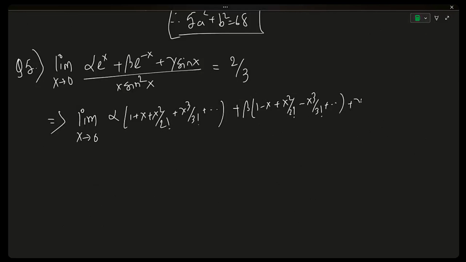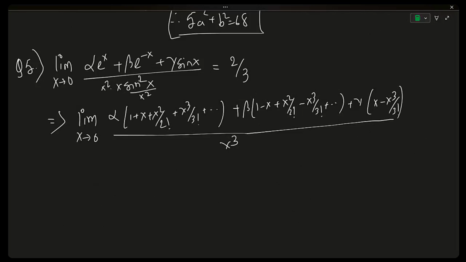And for gamma, we write x minus x cube by 3 factorial. In the denominator, we are simply going to write x cube, because sine square x can be written as x square. You can adjust this by using x square here and x square here, and sine square x by x square as x tends to 0 goes to 1. So this is 2 by 3.